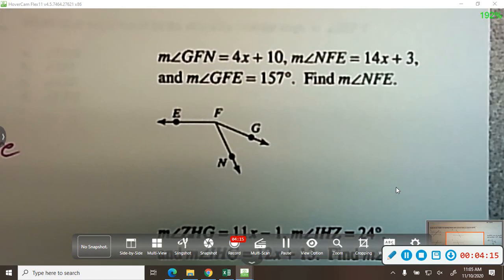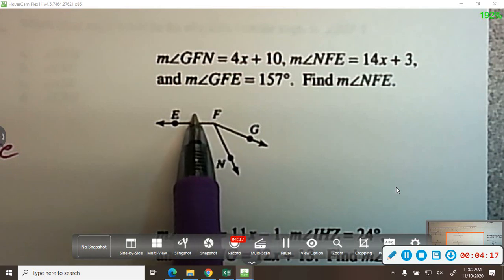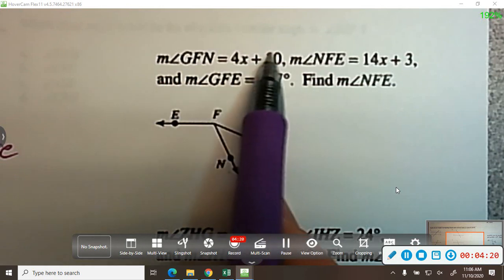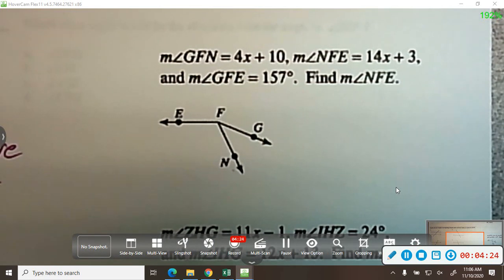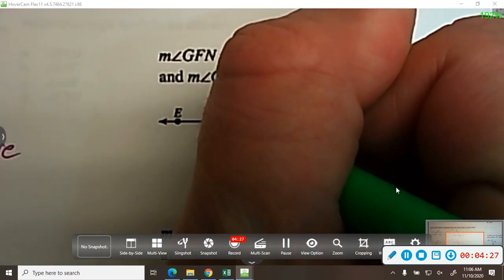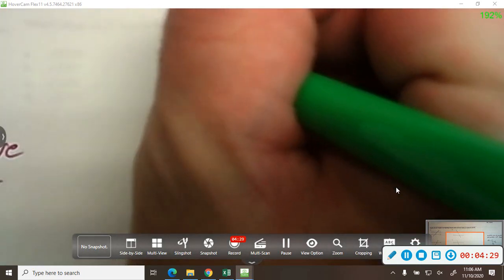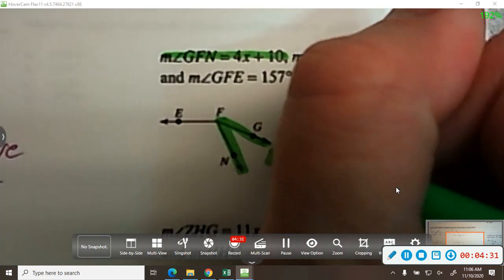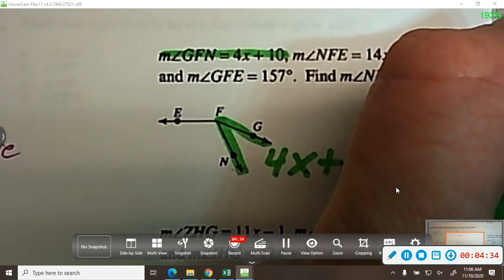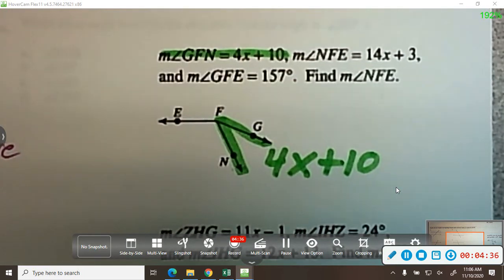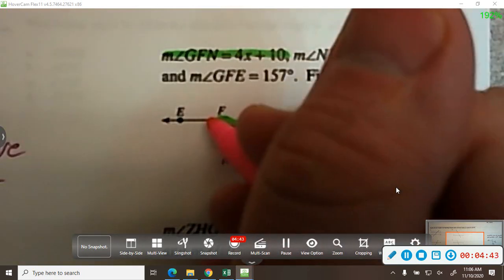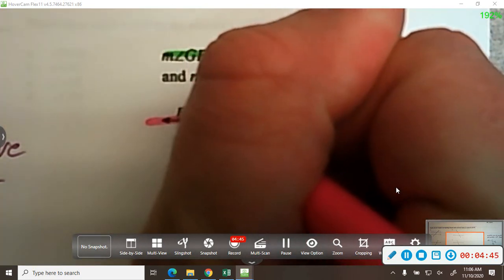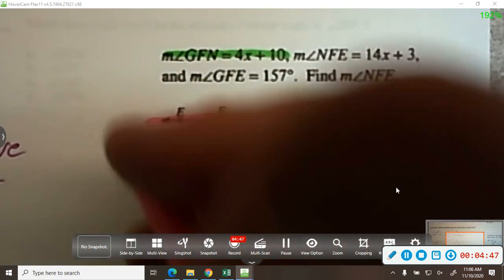Okay, the measure of GFN is 4x plus 10. So I know that GFN is 4x plus 10. And then I also know that NFE, this part, is 14x plus 3.